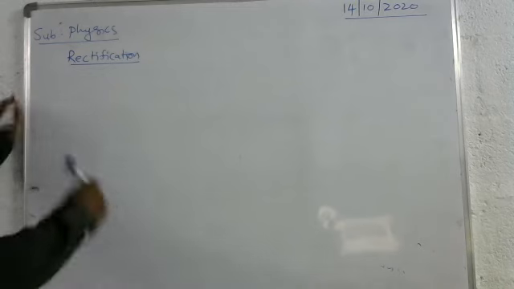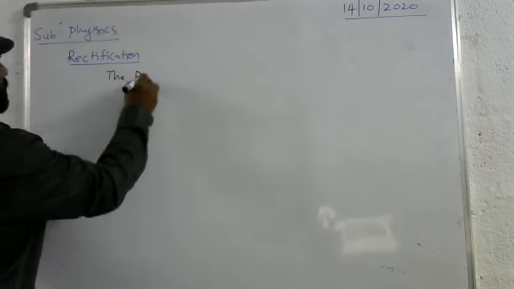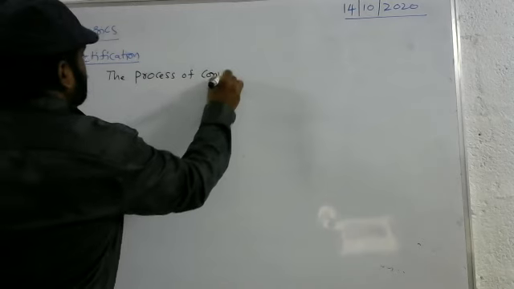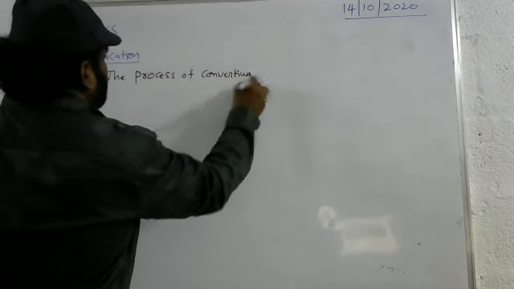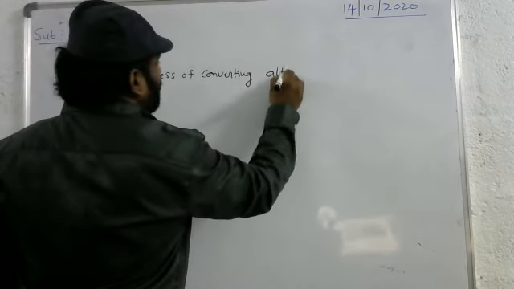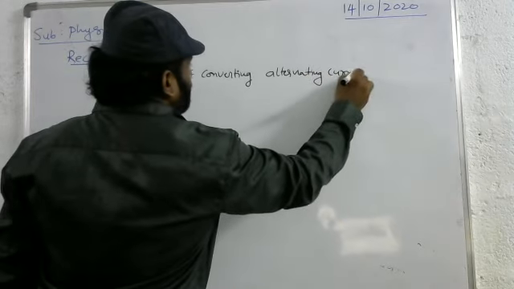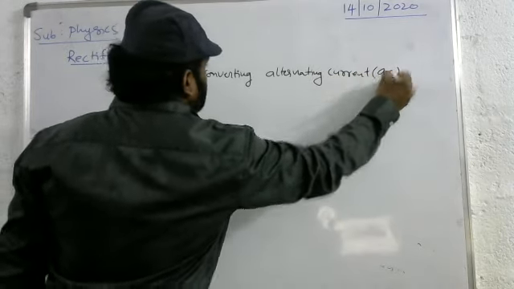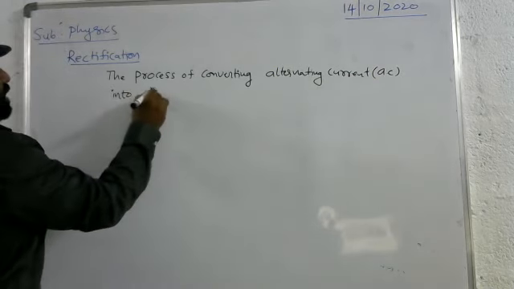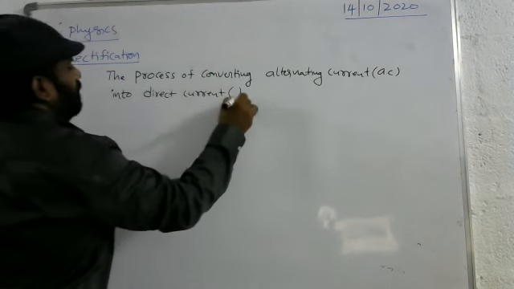Rectification means the process of converting alternating current, simply we can call it AC, into direct current, call it DC.